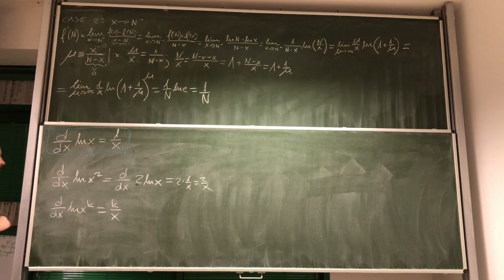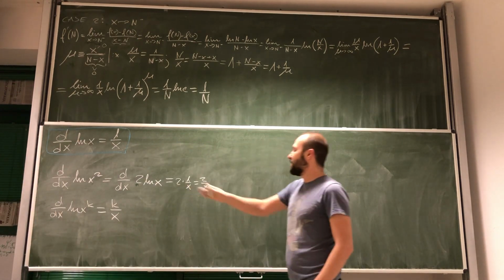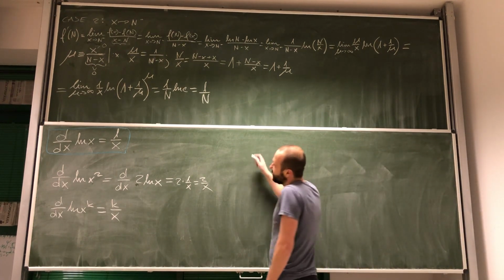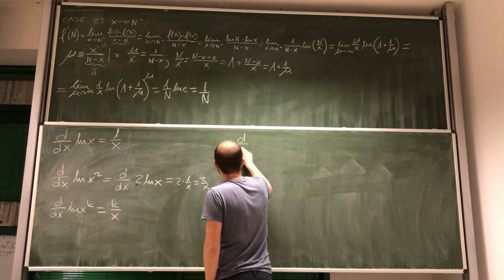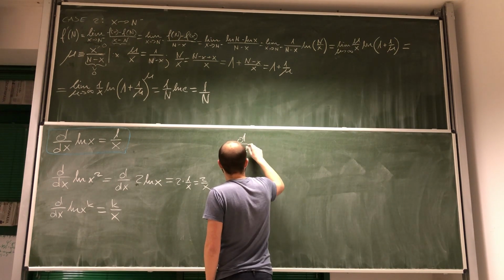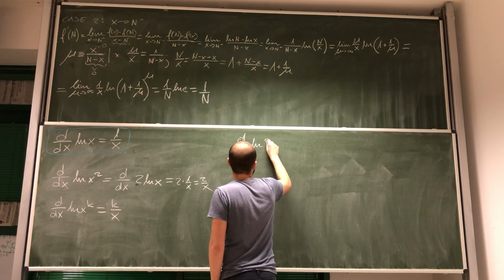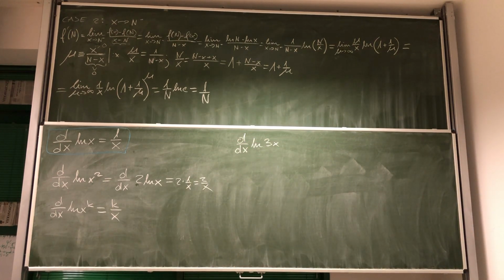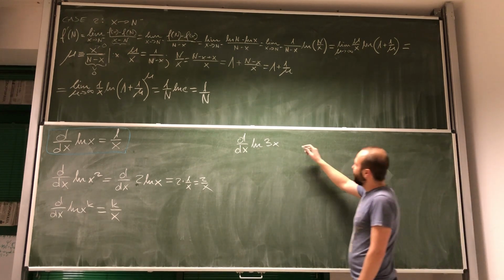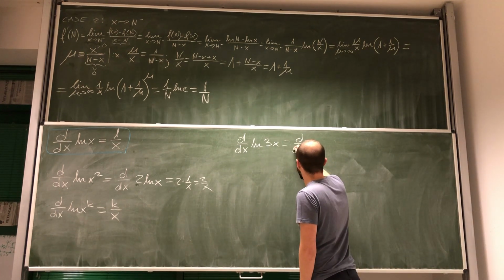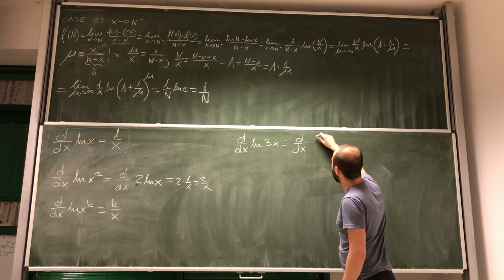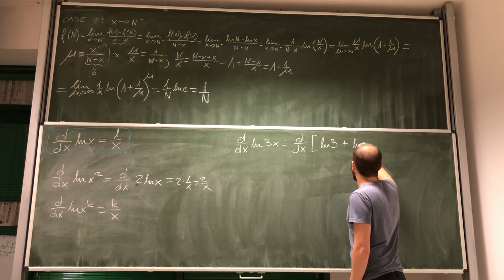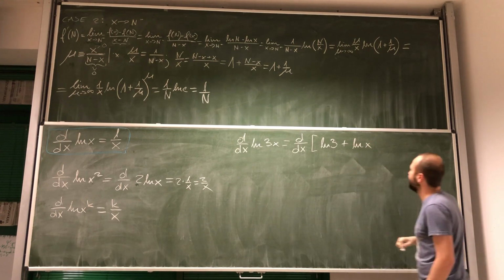Now, what if we have something, how to say, touching x, so multiplied by x. So now, look, if I have the derivative of ln 3x, how much is this going to be? Well, look, this is the same as the derivative of ln 3 plus the derivative of ln x, right?